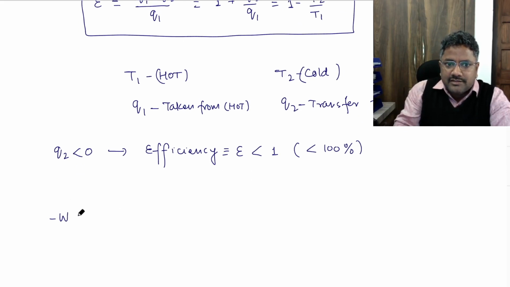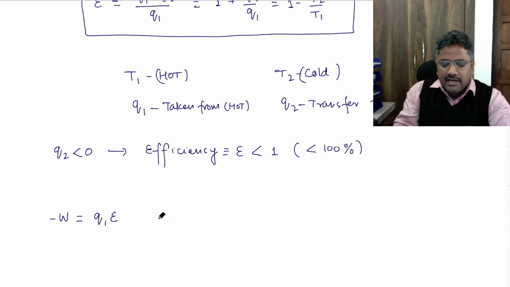And what is this minus W? Minus W is equal to Q1 into efficiency E, and this is called the work output.